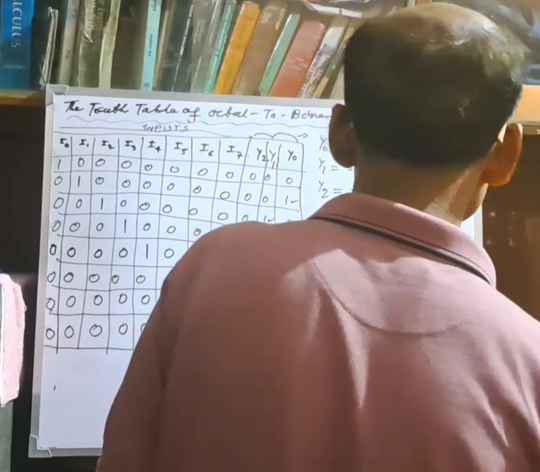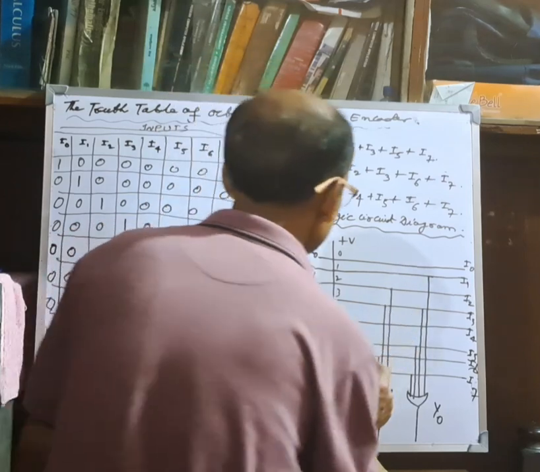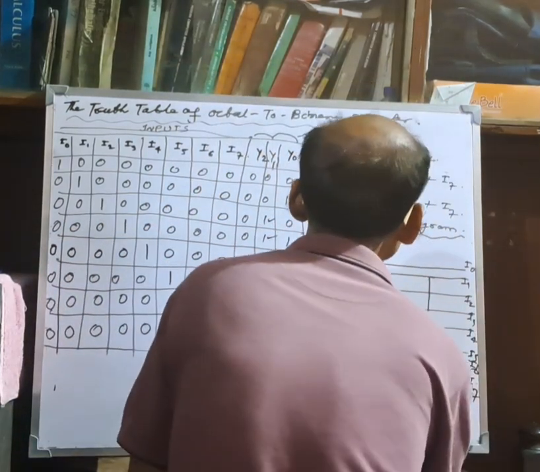Okay, so in this way you will draw. You will take precautions while you draw these lines. Otherwise you will get a 0.